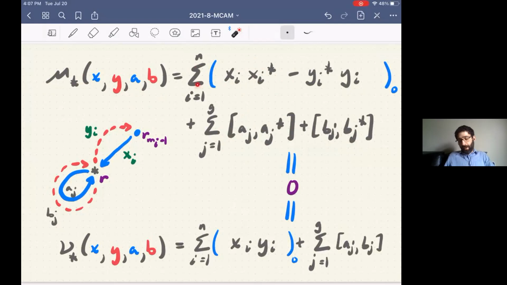And I have n of these, n arms, I have g of these loops, and so that's what this expression looks like. And then for the complex valued moment map at the center, I get a similar expression here. I have x and y's composed, and I have commutators of just a and b together now. And the 0 level set of the moment map is saying that I want both of these to be 0.